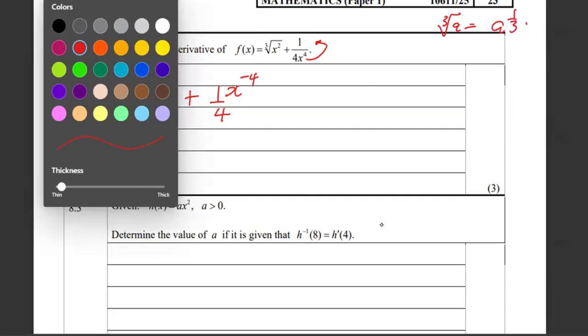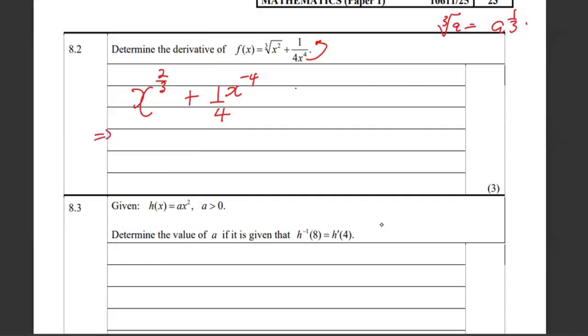All right, then from there, I can now do the derivative. So it's going to be 2 over 3x. I subtract 1. I get negative 1 over 3. Then this multiplied by this, I'm going to have a negative. The 4 is going to cancel with the 4. Then x to the negative 5. So for as long as the question does not ask me to give the answer with positive exponents, I'll just leave it at that.